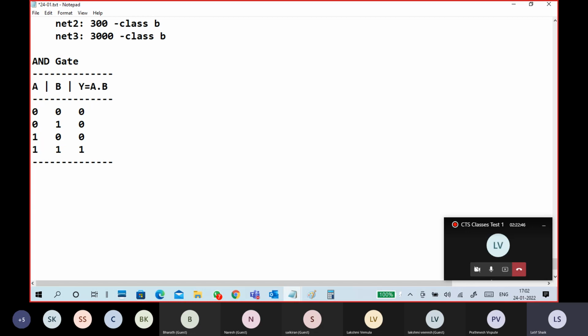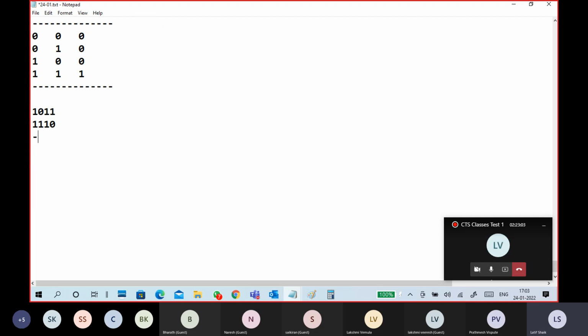So how to do it, guys? Look here. I put in some values: 1 0 1 1 1 1 1 0. These are my two inputs. How to calculate? First take this one and this one. 1 1 is 1.